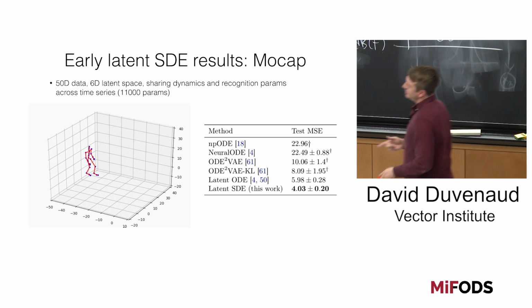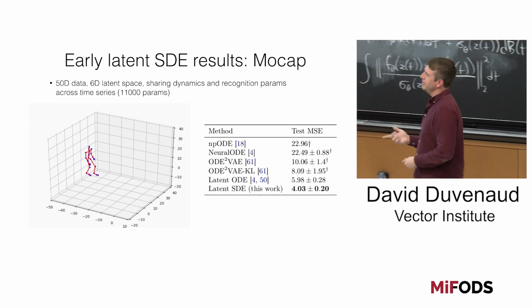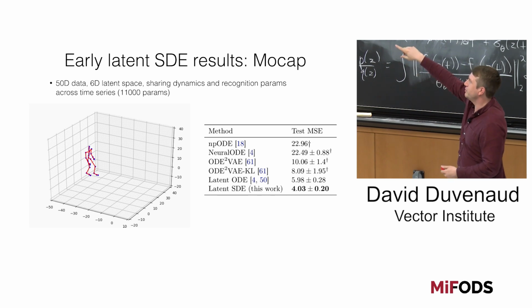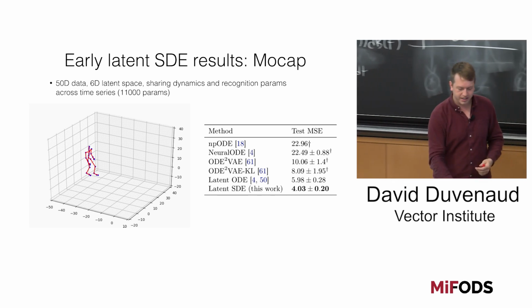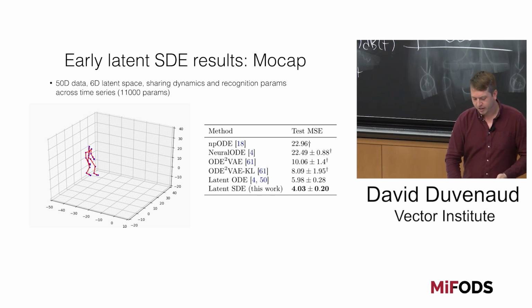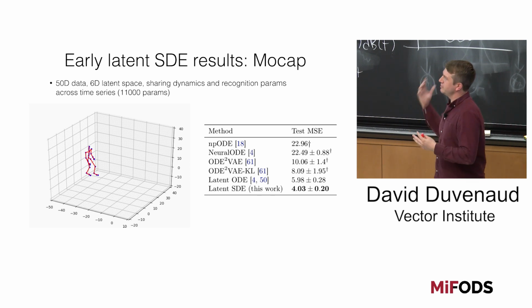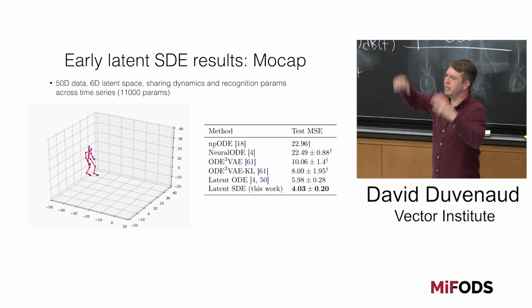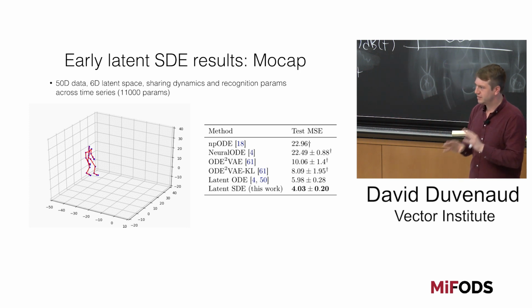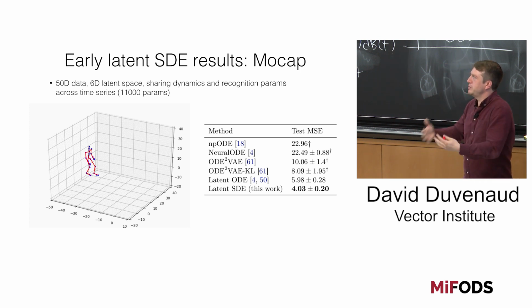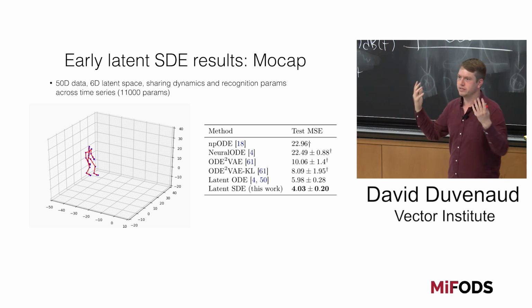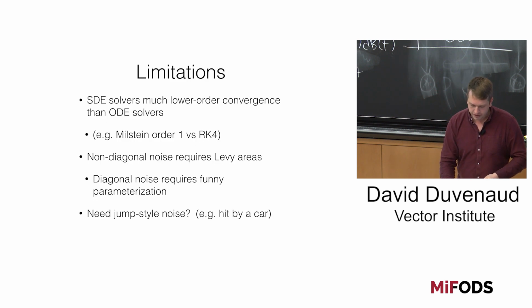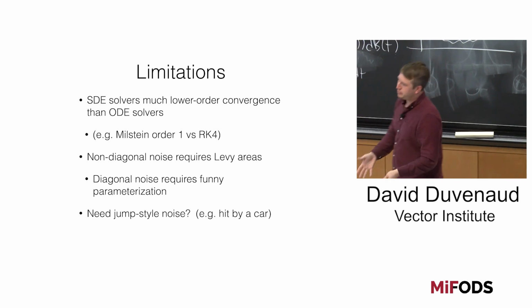And I'm really sad, this dynamics looks really floaty. Joy Chen said it looks less floaty than the samples from the other guys, though I haven't seen it yet, so it's secondhand. But the point is, I would claim before this, it would be hard to fit this many parameters on even a medium-sized model. And we really strongly suspect that we should be able to scale this up to millions of parameters, just like any other giant deep model. Okay, so now the hype portion of the talk is over.